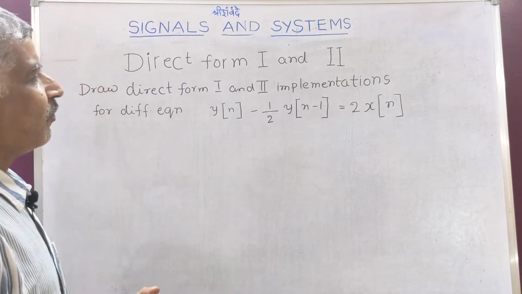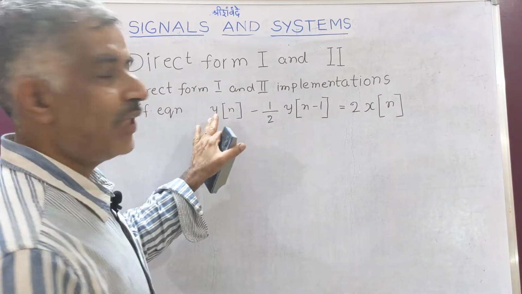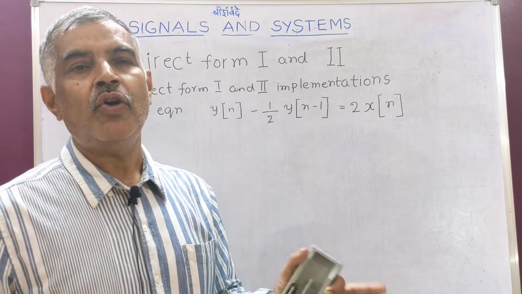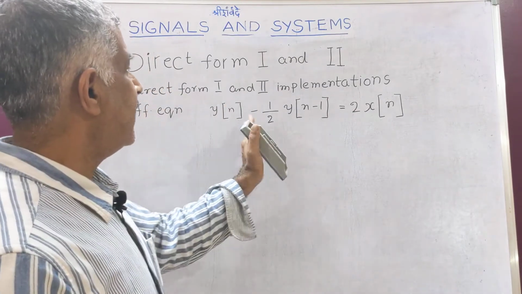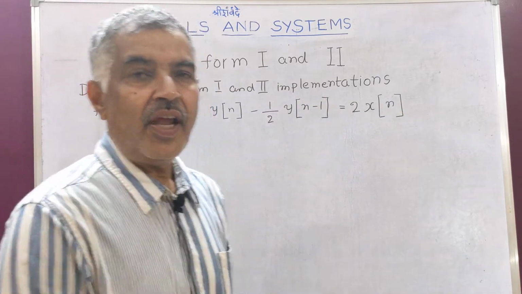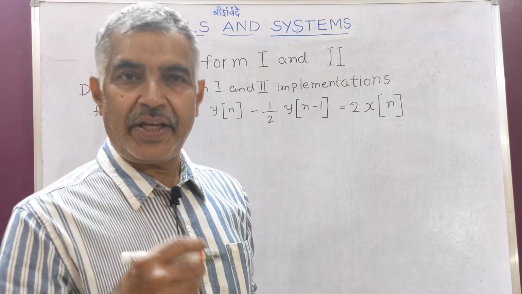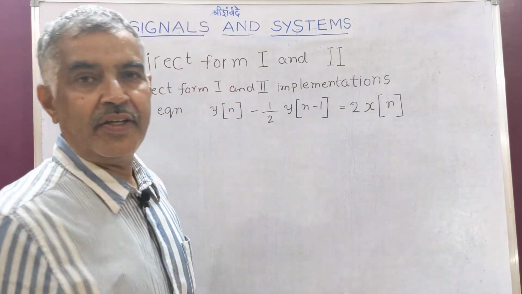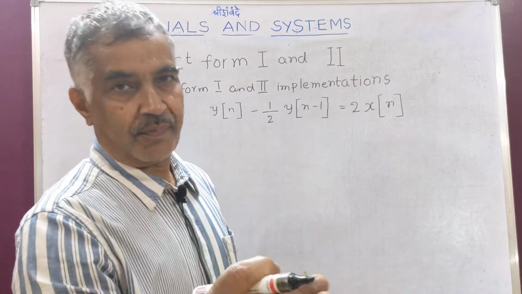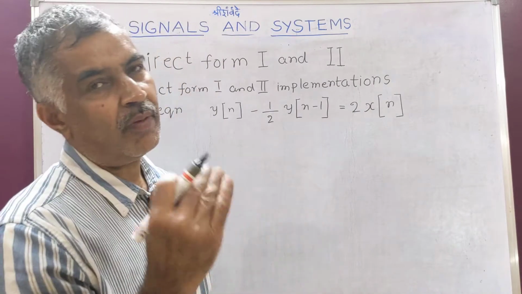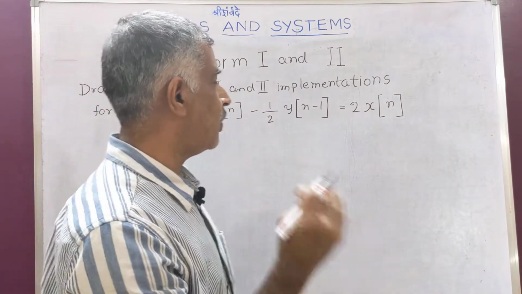First, on the left hand side, retain only y of n, and the rest of the terms are to be transferred to the right hand side. What will you find on the right hand side? x of n and its shifts. Here there is one and only one term. In other problems there might be 2, 3, 4 terms.